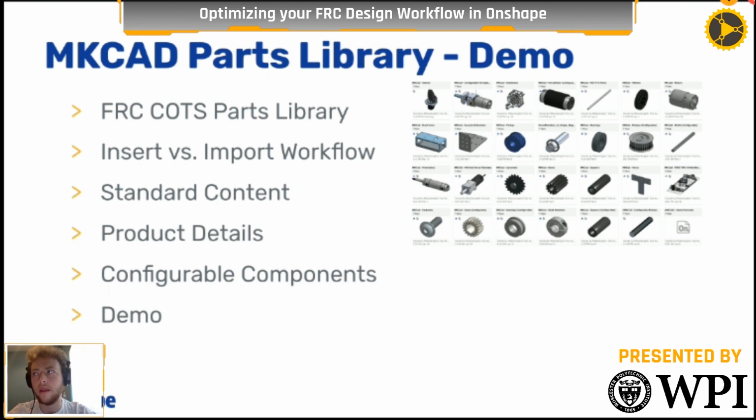Starting, it might have been in 2017, maybe 2016, I began to develop MKCAD, which is a parts library of just about every common part that I could think of, from Vex, from Rev Robotics, from AndyMark, from a ton of suppliers that are out there that are creating parts specifically for FRC or parts that are commonly used in FRC.